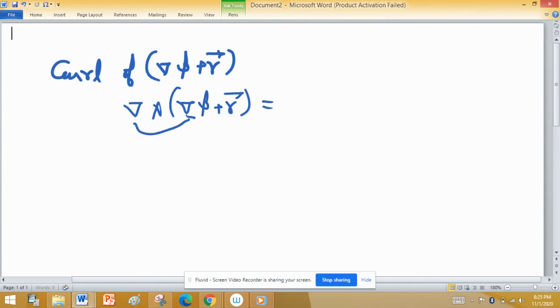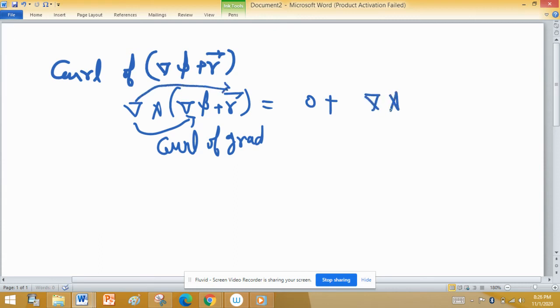It means curl of gradient, and I already told you the curl of a gradient function is 0, plus now this nabla operator cross product with the position function. Now we have to compute only this nabla cross position function as a cross product.